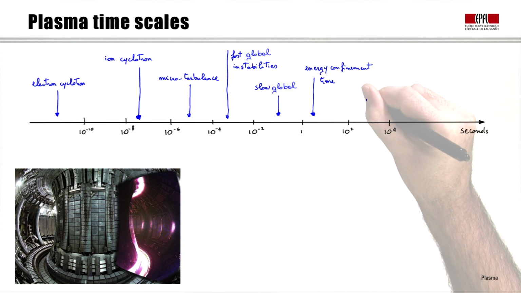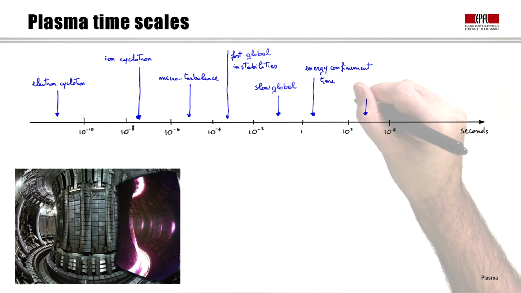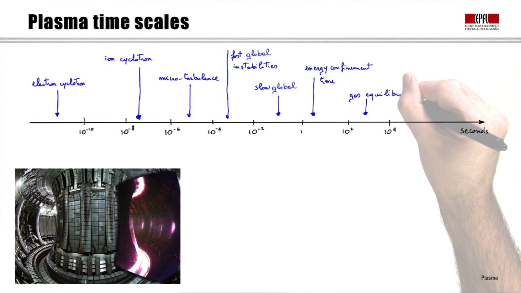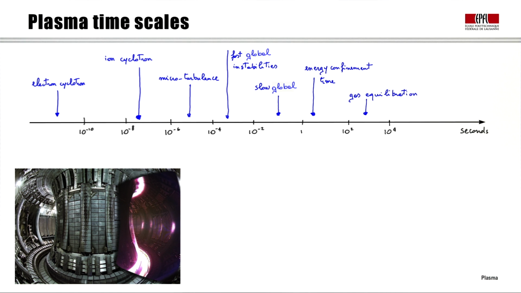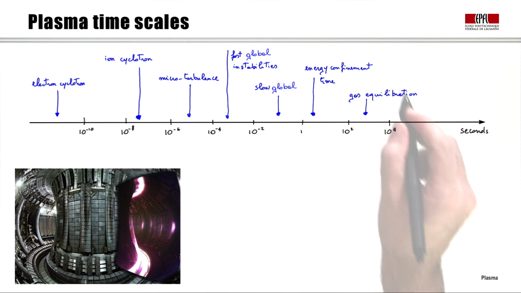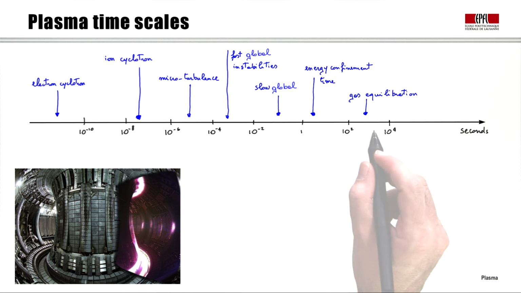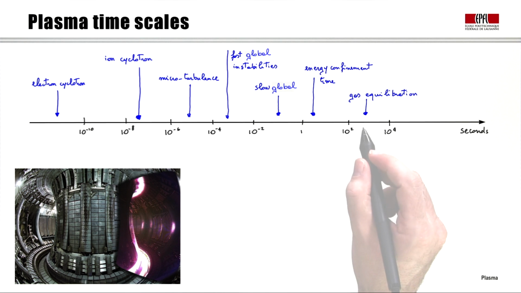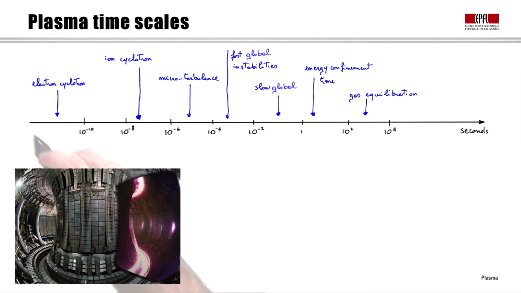And then there are phenomena that occur on even longer timescales, for example, the equilibration with the vessel walls. A wide range of phenomena, therefore, that occur on timescales that are separated by 10 to the 12 or even more orders of magnitude, all non-linearly coupled and interacting.